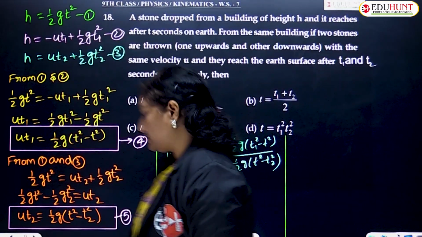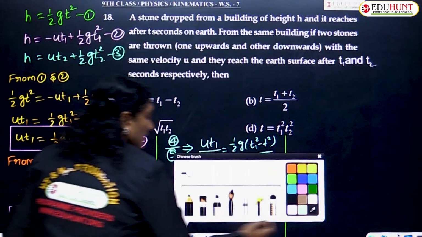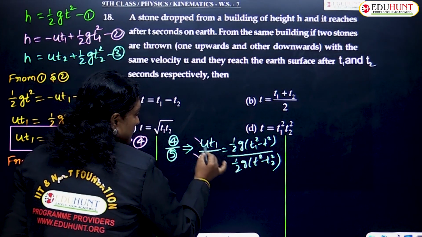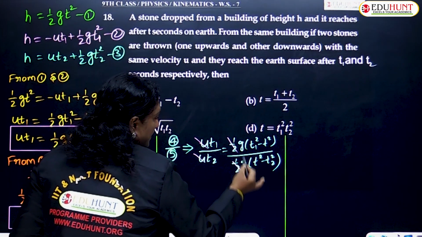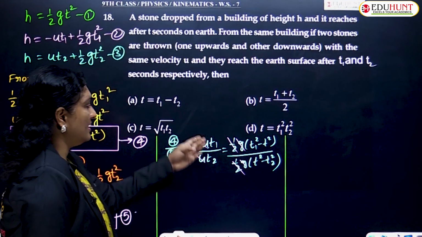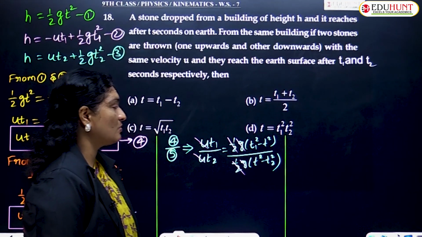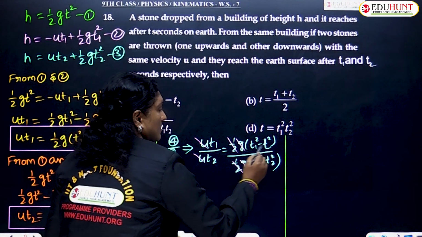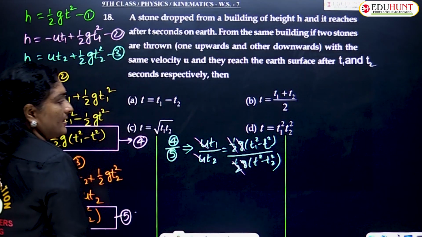So simply solve this, properly and carefully, children. This u and this u get cancelled, half and half get cancelled, g and g get cancelled. Now we are left with t1 by t2 equals t1 square minus t square upon t square minus t2 square.